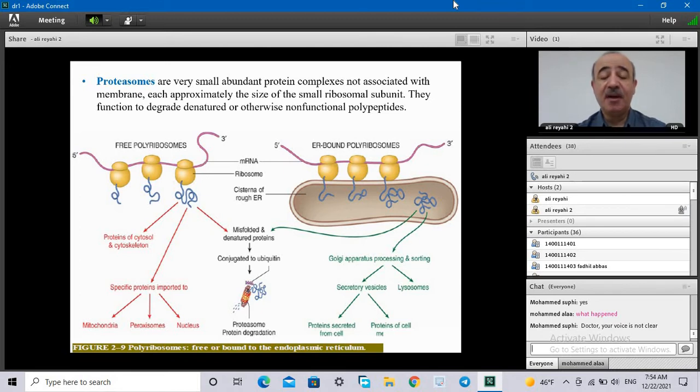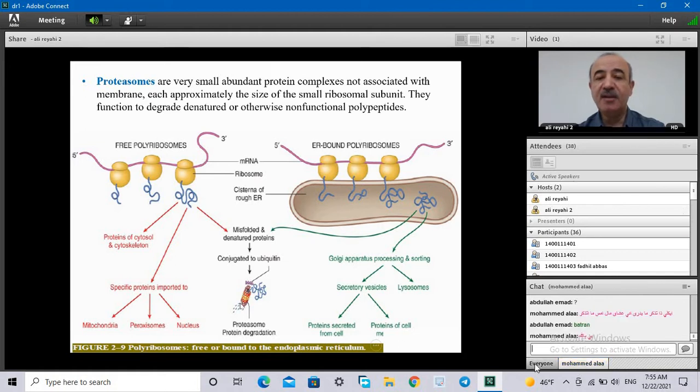A polypeptide within the cytoplasm is called ubiquitin. The ubiquitin can distinguish the misfolded or denatured proteins, and the ubiquitin leads these proteins to the proteasome.